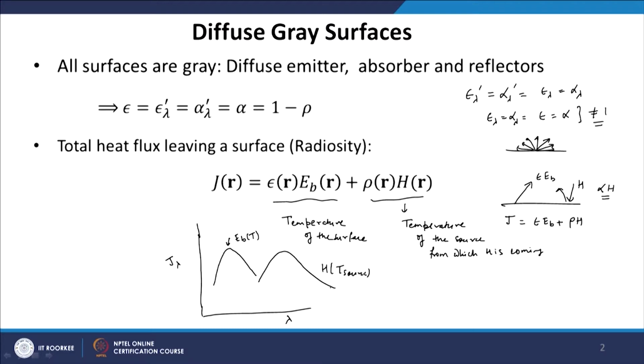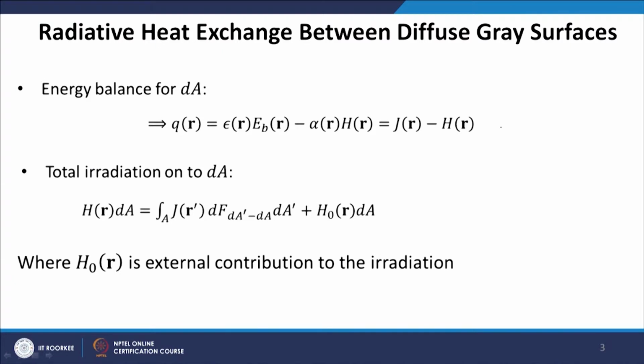But for this diffuse grey calculation, the epsilon and rho or alpha are independent of wavelength, while the black body emissive power EB and irradiation H will depend on the temperature of the respective surfaces, and definitely they will depend on wavelength. Okay. So, we write an energy balance for a surface dA, we take an enclosure just like we did for the black surface. It may have some opening from which external radiation may come in.